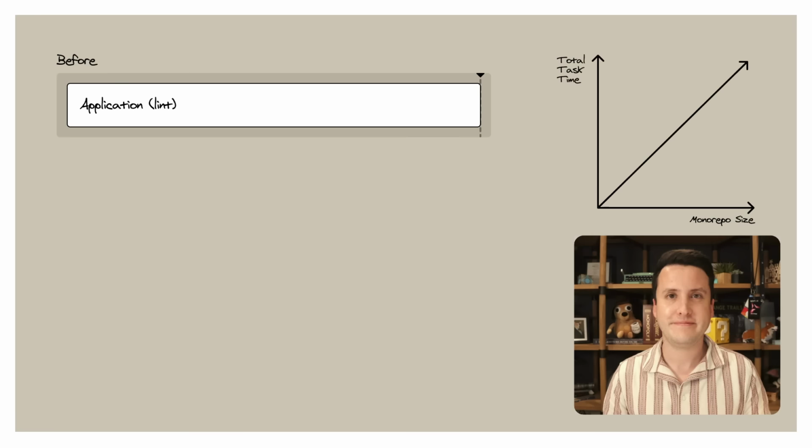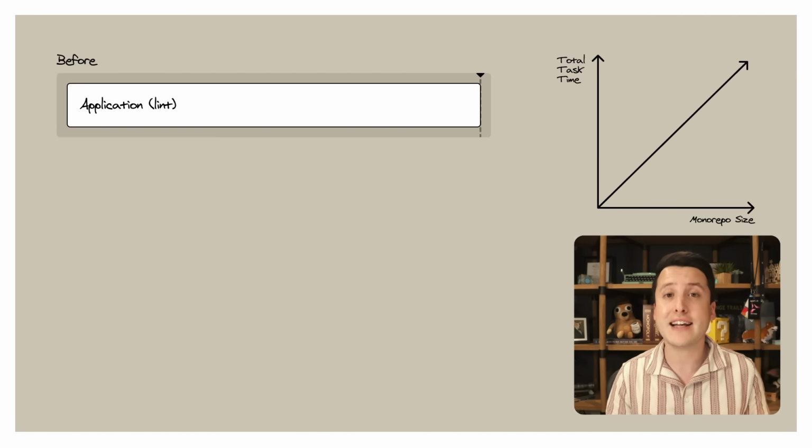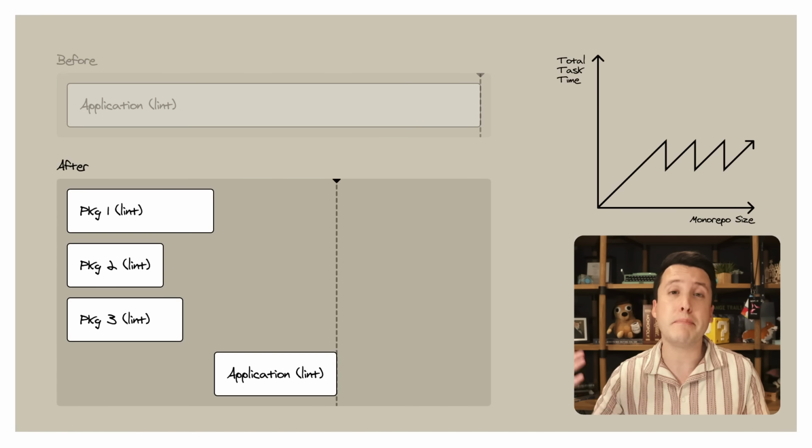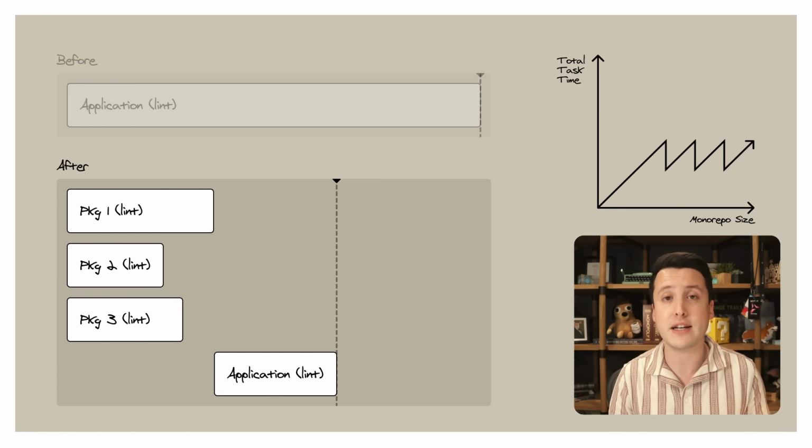This pattern gives us one huge advantage, especially when it comes to scale, and that's the ability to distribute your tasks across your dependency graph. Here's what I mean. When you're building one application, task time is going to grow linearly with the amount of code that you contribute to that application. But with Turbo Repo, we can parallelize the tasks across the dependency graph.